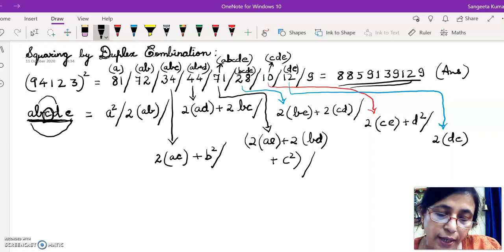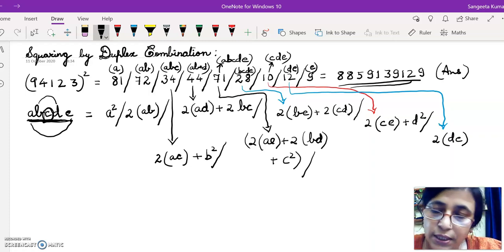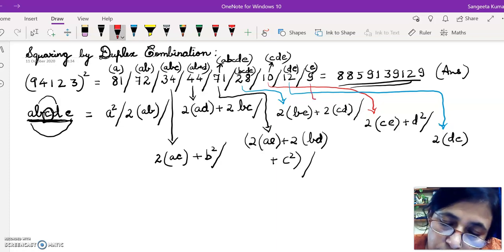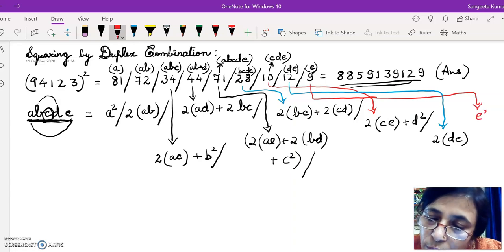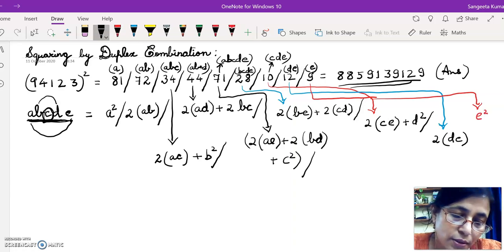And finally, the last part, that is 3. So this is nothing but E, and I have taken the square of 3, that is 9. So here I have done E square. This is nothing but E square.